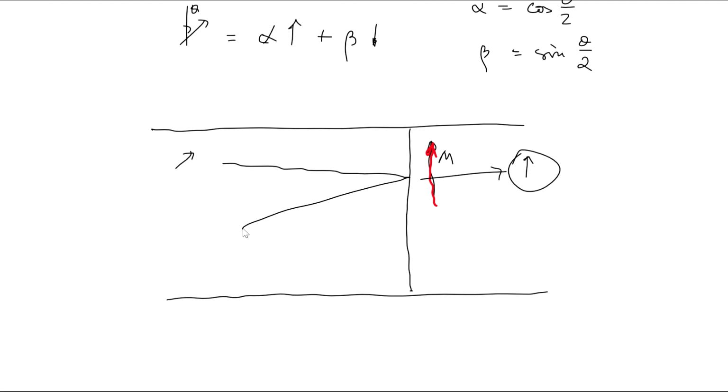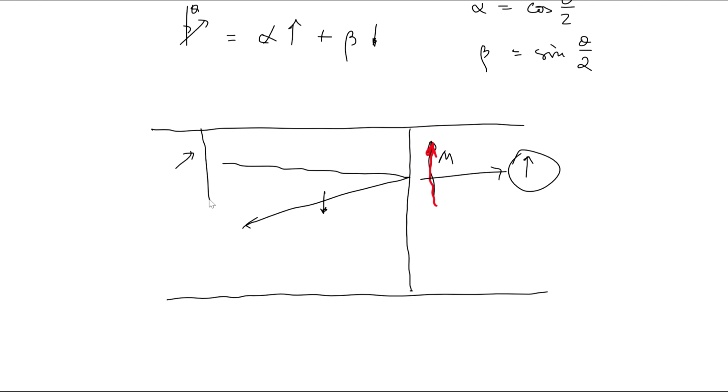So what it means is that we had this type of tilted electron, and when it reflects, part of it goes through, part of it reflects. Now how do we get this type of spin?